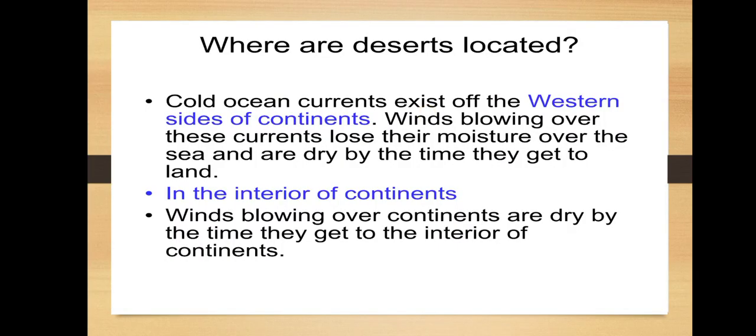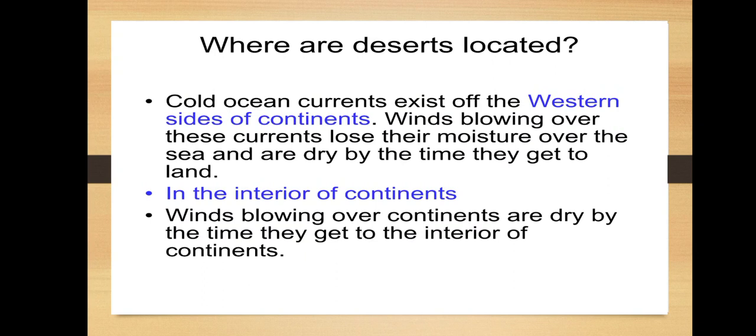So to continue, where are deserts located? Cold ocean currents exist on the western sides of continents. Winds blowing over these currents lose their moisture over the sea and are dry by the time they get to land.